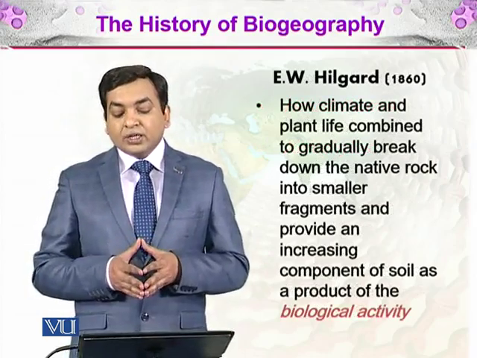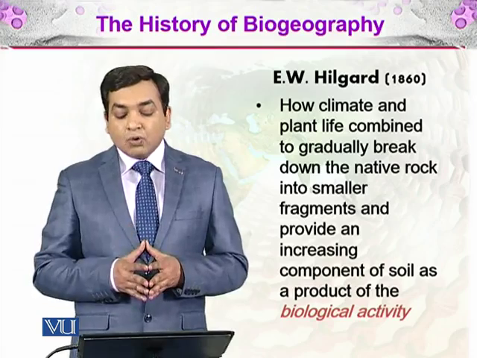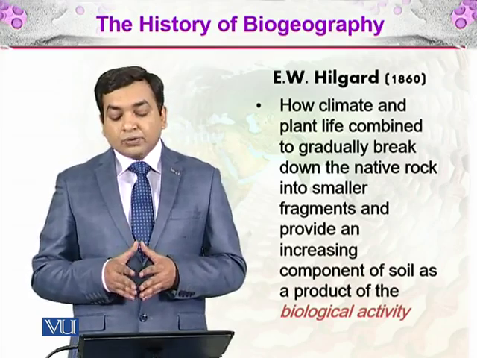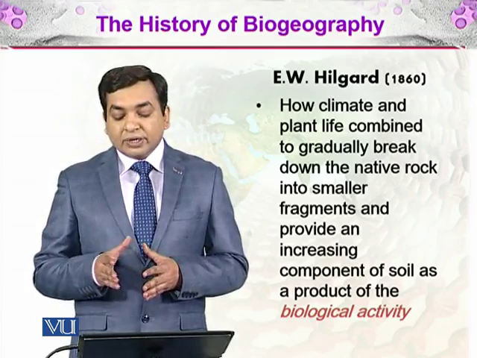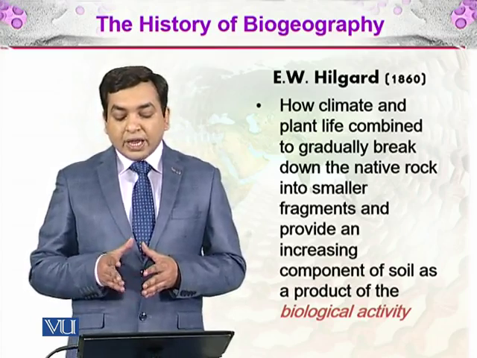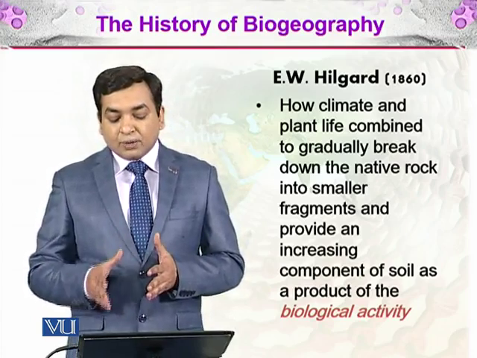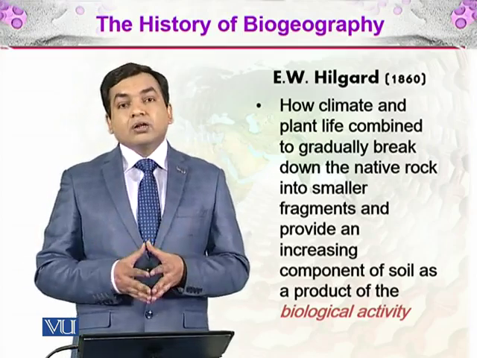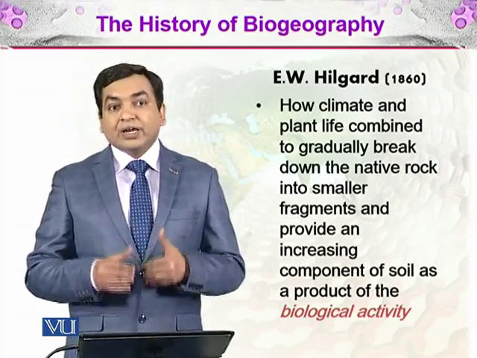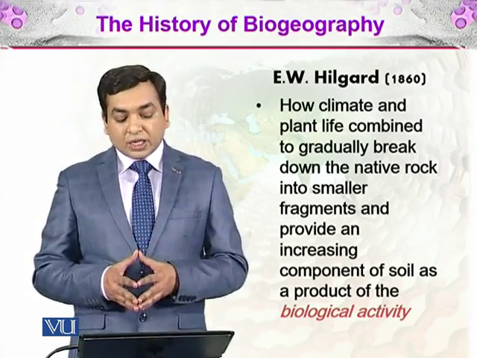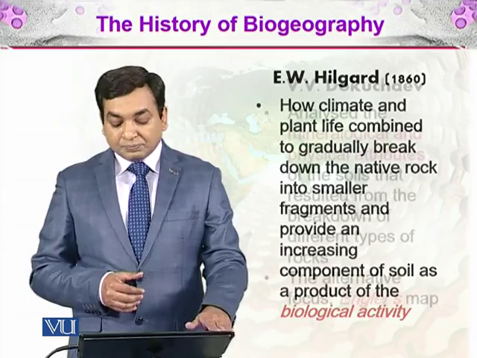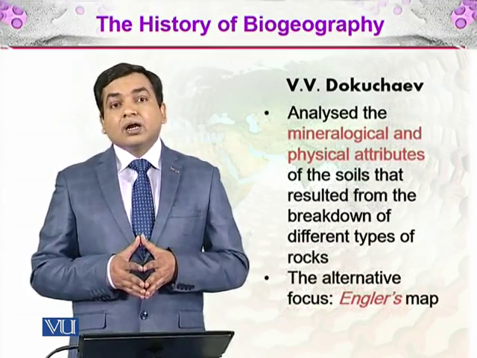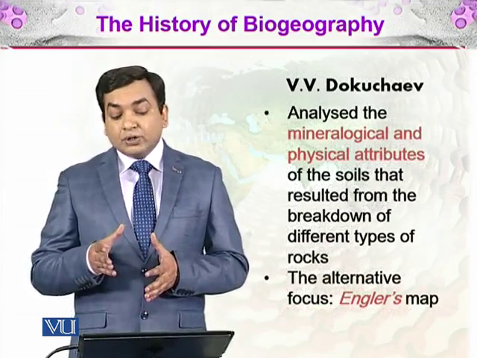So E.W. Hilgard, an American scientist, described how climate and plant life combine to gradually break down the native rock into smaller fragments and provide an increasing component of soil as a product of biological activity. He studied this aspect of plant life. And then there is the Russian scientist V.V. Dokuchaev.